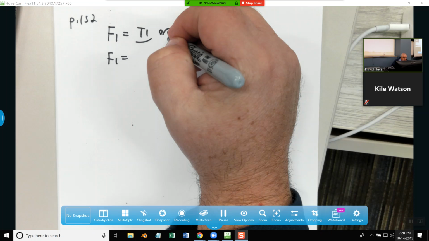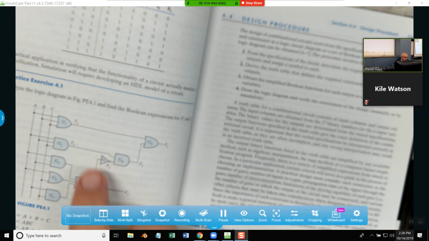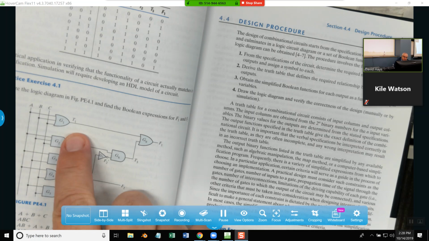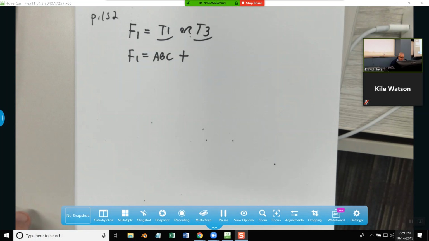Now ABC is fine, so we won't touch it. But I need to write down what T2 is. T2 is right here. Looks like it's an AND. So an AND between A, B, and C. So that becomes ABC.